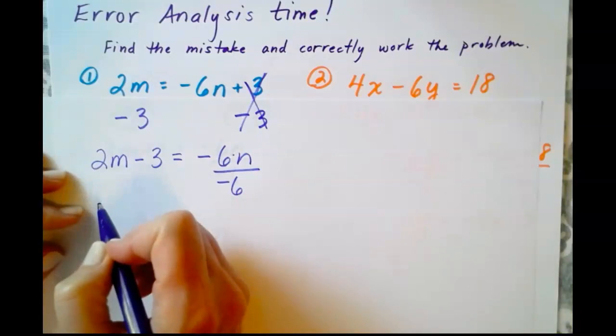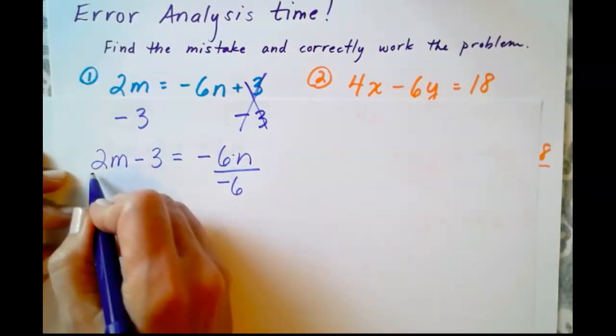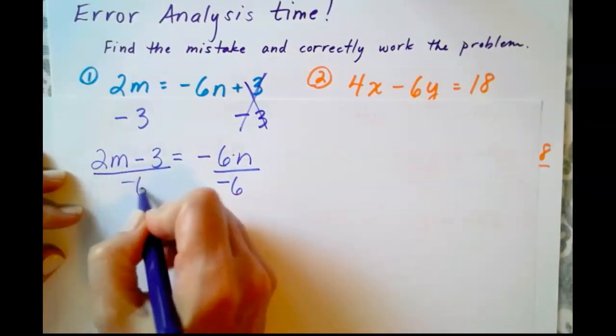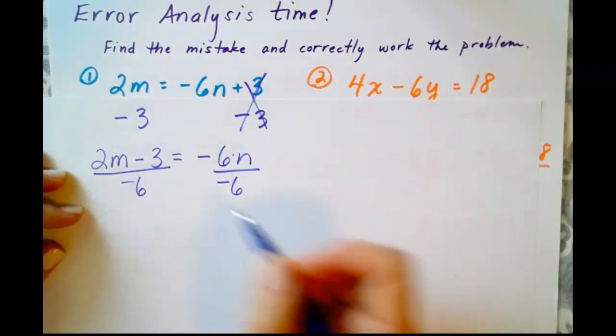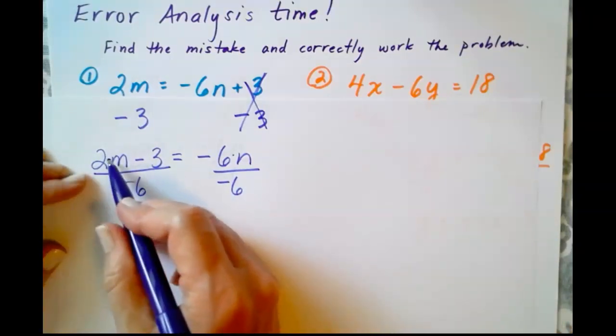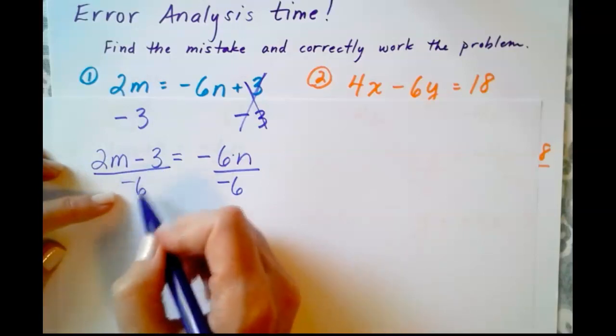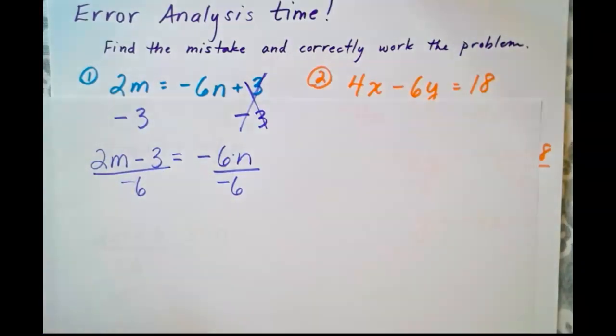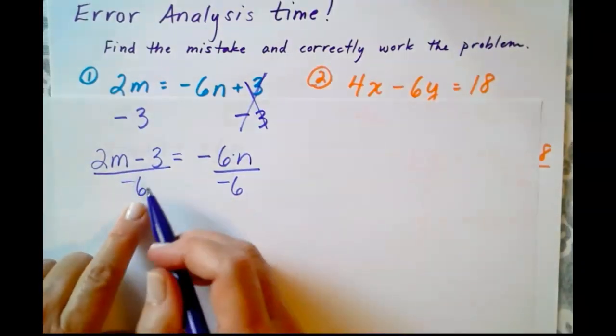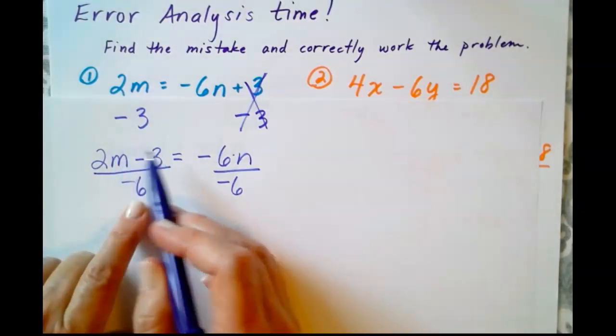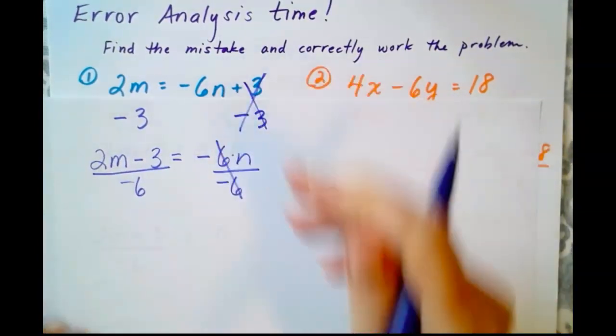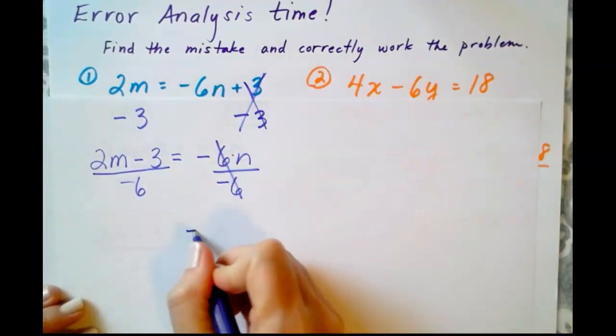Now, I'm showing you this again. You can write it by either saying all over negative 6, or you can write it 2m over negative 6 as well as negative 3 over negative 6. But just remember that negative 6 is the common denominator for both of those terms. So it cancels. So here's our n.